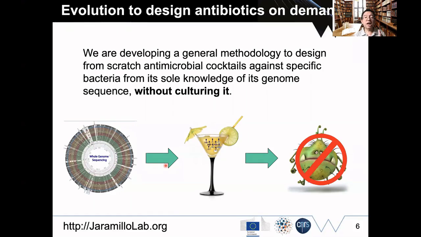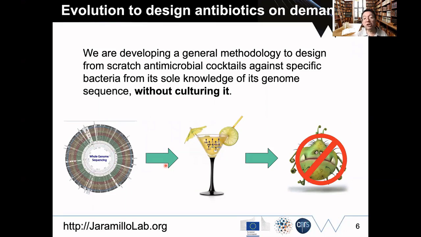So what we have done is to create a strategy where from the genome sequence of the cell we want to kill, we can know all the molecules that are around this pathogen, and then we don't need to culture the pathogen. We can use our methodology in order to create the antimicrobial that is going to kill the pathogen. Okay.